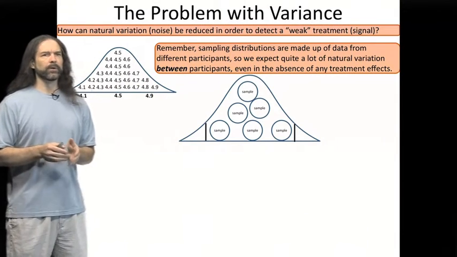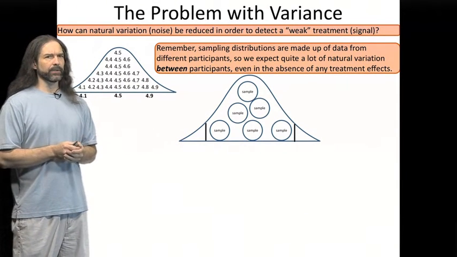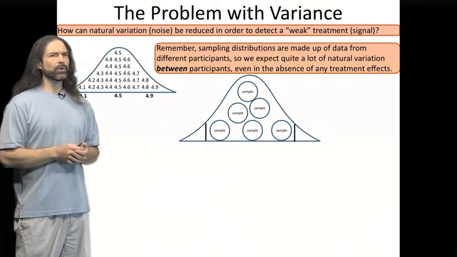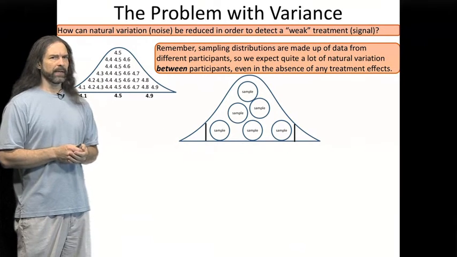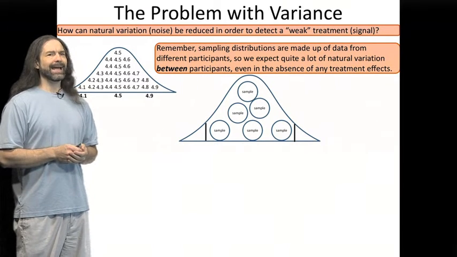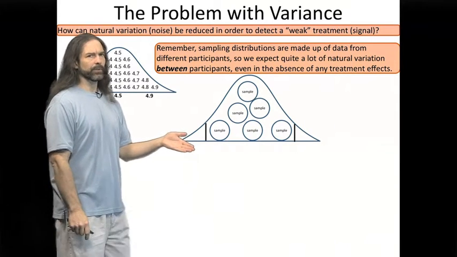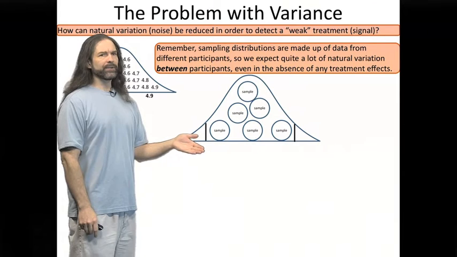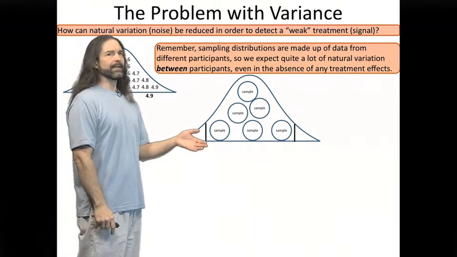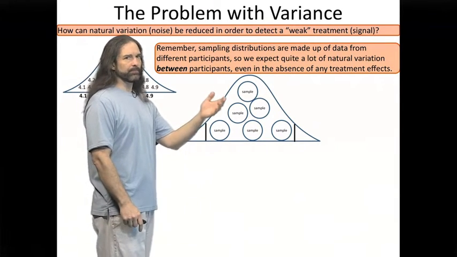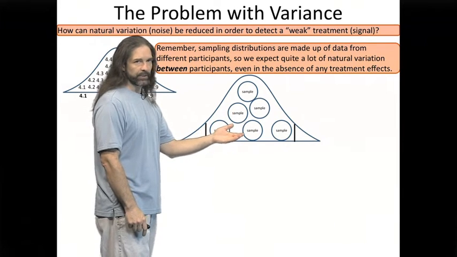Well, again, remember, we have natural variation or noise, and there's two forms of natural variation. So if I have a sample, so in this case I have my original population from which I am drawing the sample. Anytime I draw a sample, it could be any one of these just by chance.